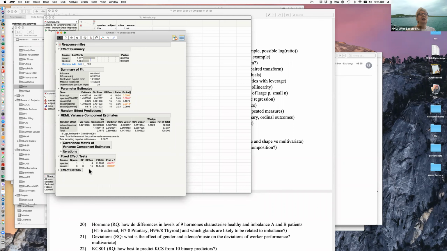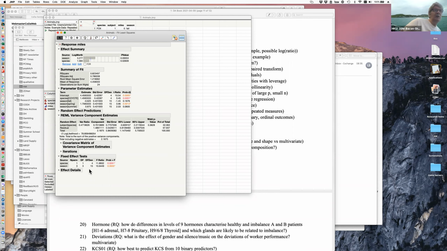So this is telling us a more sophisticated analysis, and it's enabling us to still test whether there are season and species effects, but accounting for the fact that because we have a random subject effect, that needs to be accounted for in the F-test.